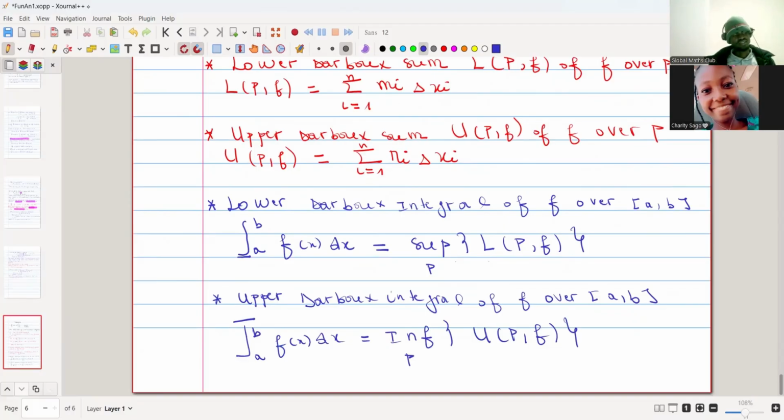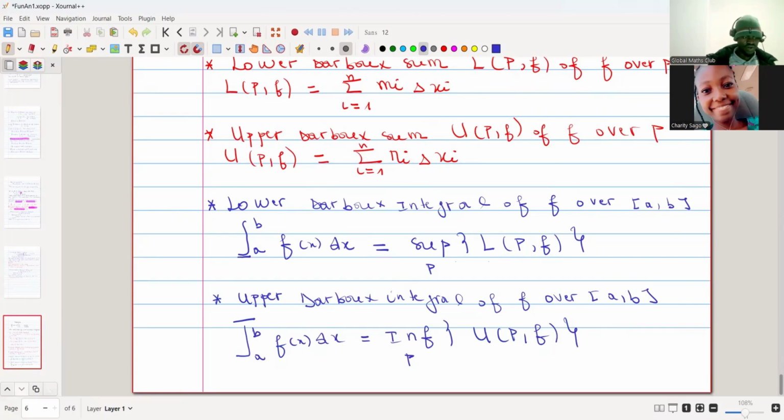Now, as I said, to say that f is Riemann integrable, you have to show that these two integrals are equal. So you have to show that the lower Darboux integral of f is equal to the upper Darboux integral of f.